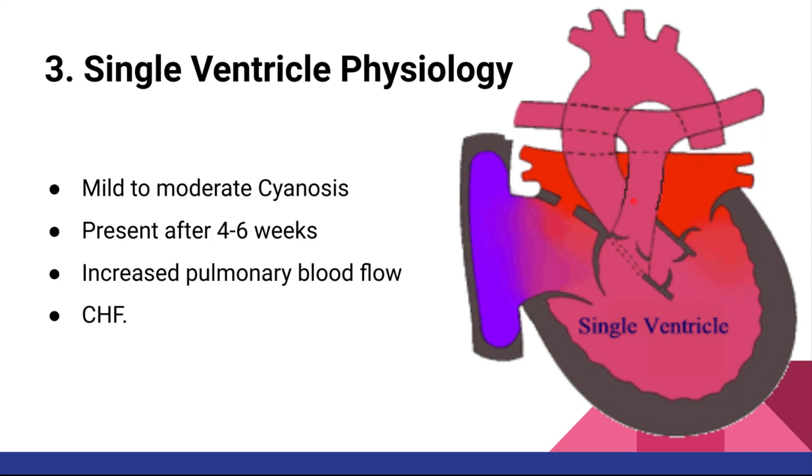Examples are when one ventricle is rudimentary, like hypoplastic left heart syndrome or truncus arteriosus, where mixing is good and a single ventricle is pushing blood into the aorta as well as the pulmonary artery.